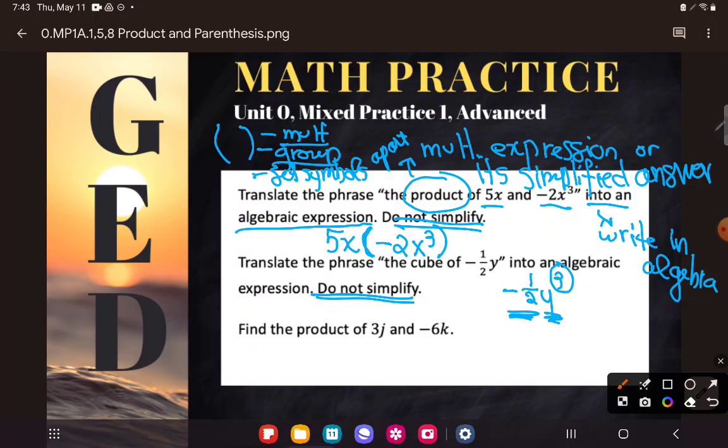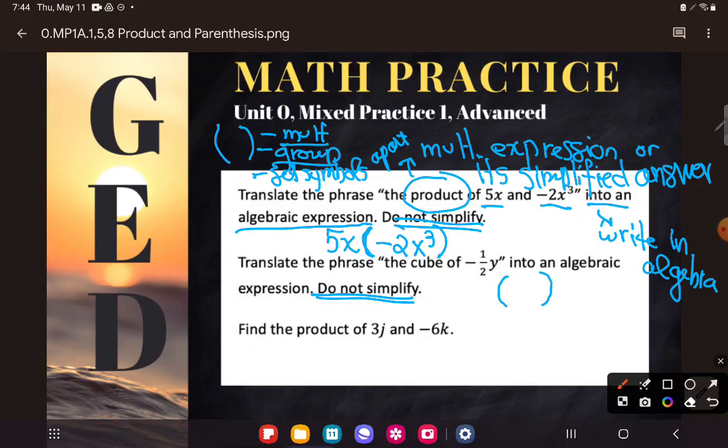So if I were to simplify this example right the way it stands, I would only be cubing, or raising to the third power, the y. And that's not what this expression said to do, right? This expression wanted us to take that entire thing, negative 1/2 y, and cube it, raise it to the third power.